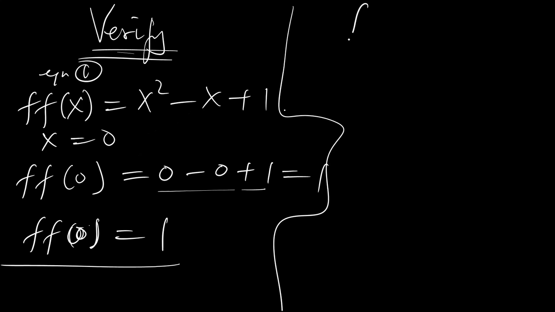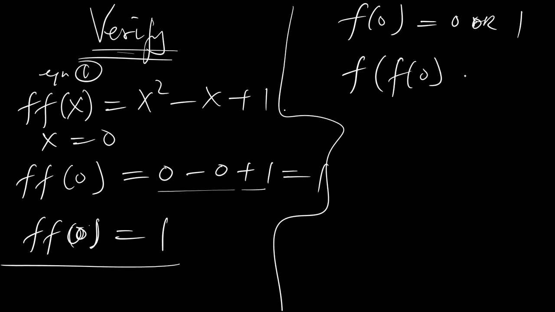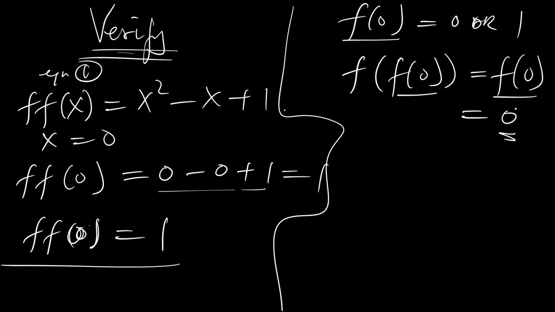But since we said f of 0 is equal to 0 or 1, let's check. When f of 0 is equal to 0, anywhere we see f of 0, substitute 0 there. So the expression will not turn to 0 again, and that means f of 0 equal to 0 is not correct.